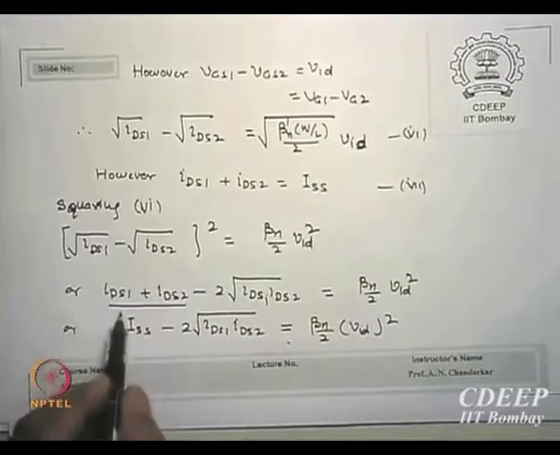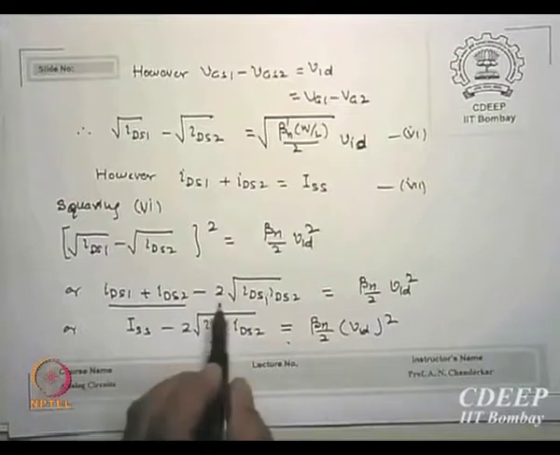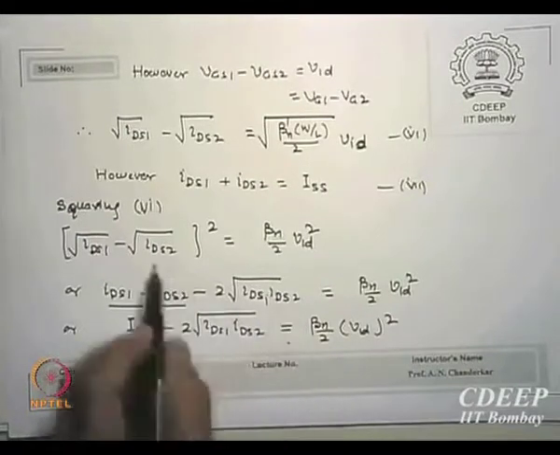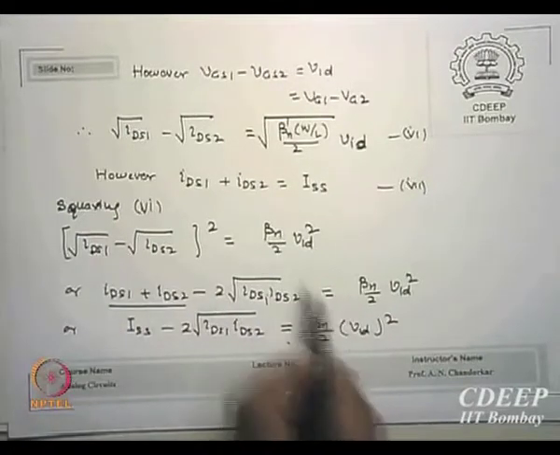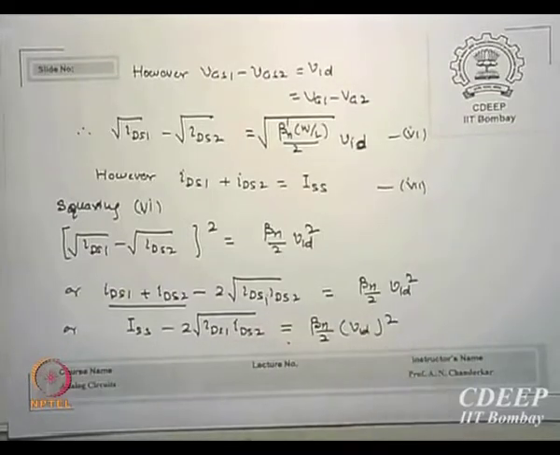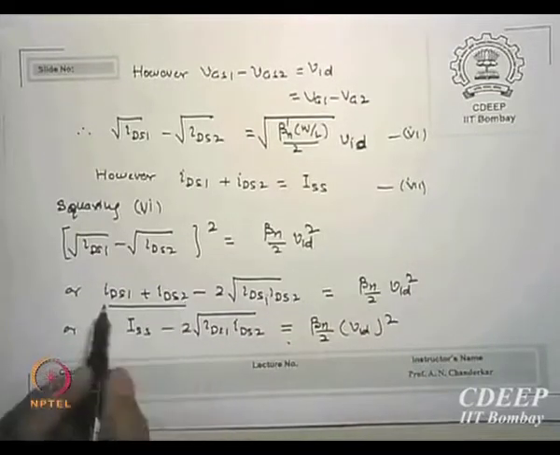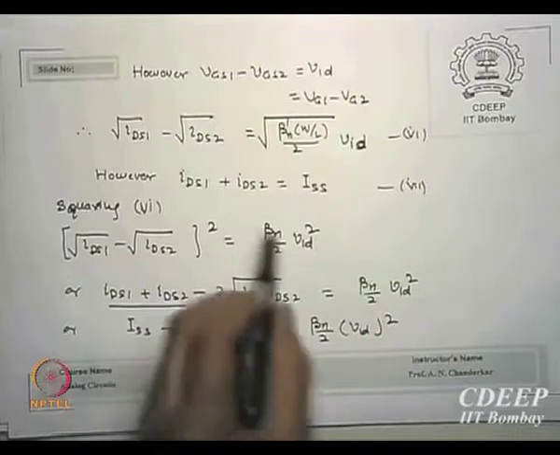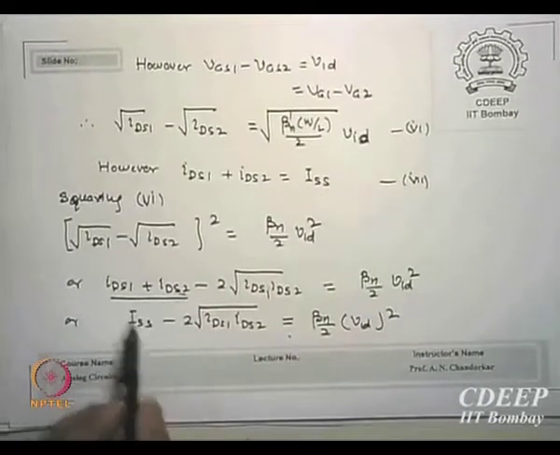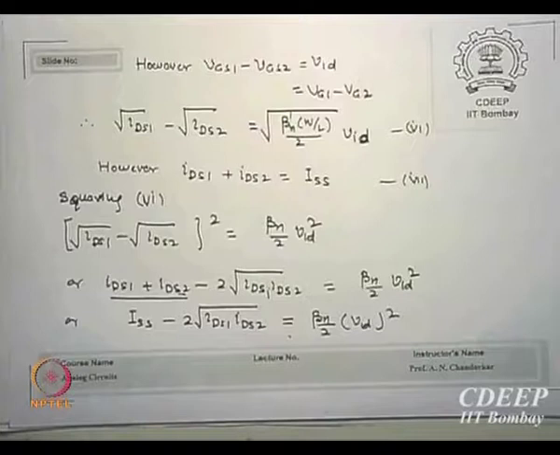I expand this, so I get IDS1 plus IDS2 minus 2 square root of IDS1 IDS2, which is beta n by 2 into VID square, but this sum of IDS1 and IDS2 is ISS. So I substitute: ISS minus 2 square root of IDS1 IDS2 is equal to beta n by 2 VID square.